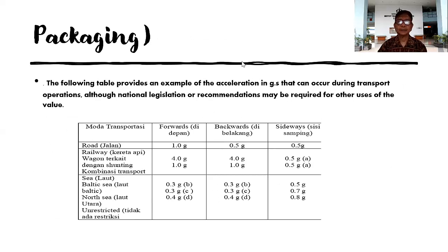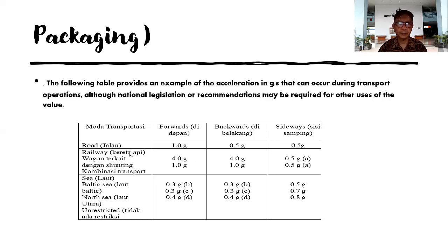And packaging. The following table provides an example of the acceleration in g. This should be gravitation, yeah, it can occur during transport operation, although national legislation or recommendation might be required for other uses of the value.